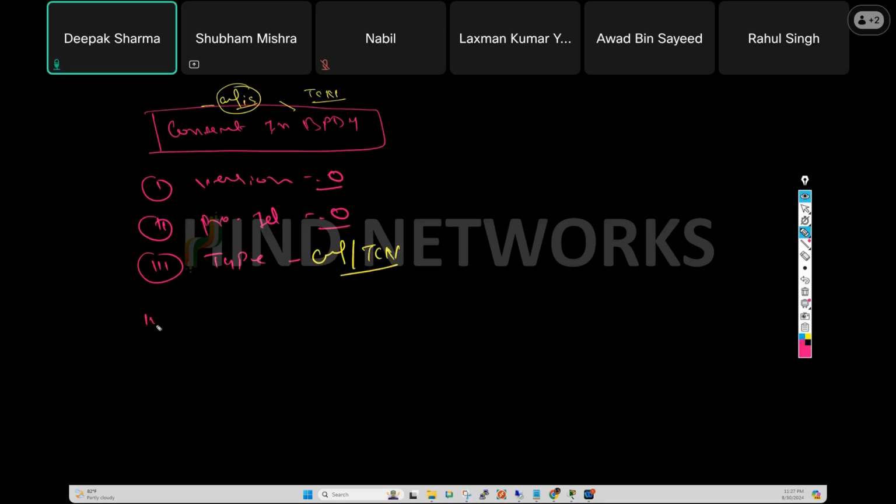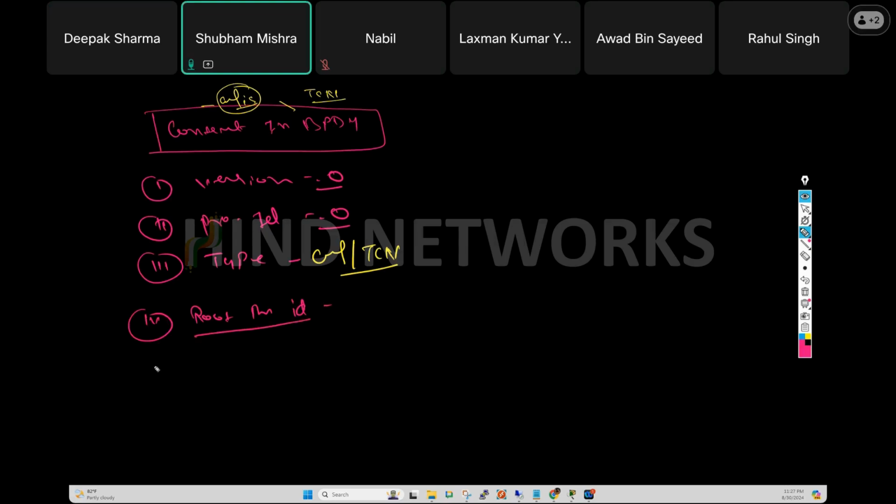The last one is the root bridge ID. What is the root bridge ID? We will discuss this. For example, take switch number 1 and switch number 2. What is the bridge ID here? 32768 plus 0A.